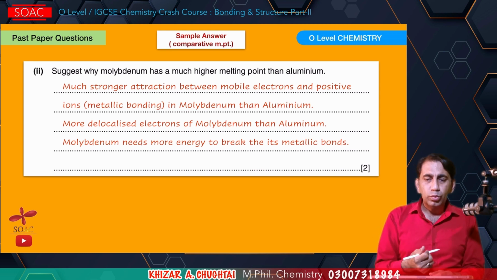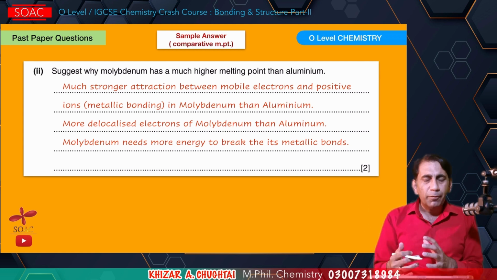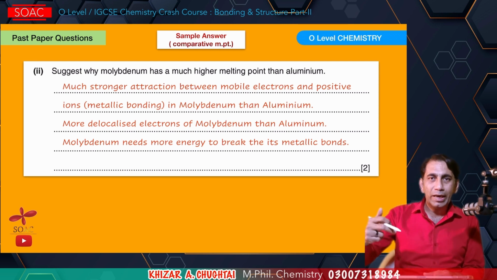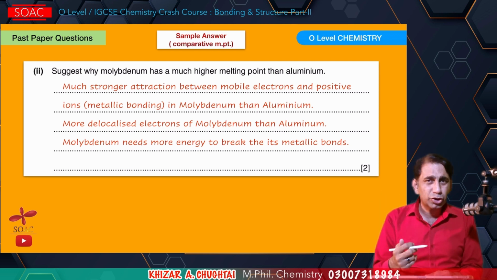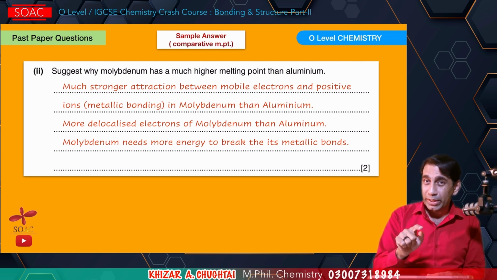Number one. Number two, molybdenum, which has the much higher melting point, has more delocalized electrons than the other one. Indirectly speaking, the strength of metallic bond depends upon the number of delocalized electrons. For example, magnesium can delocalize 2 electrons as it has 2 electrons in its valence.